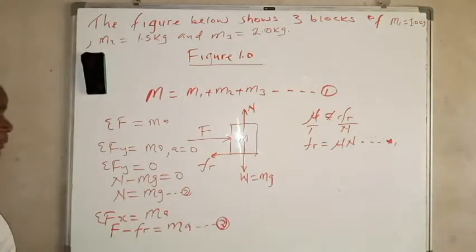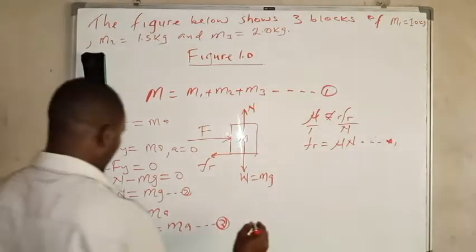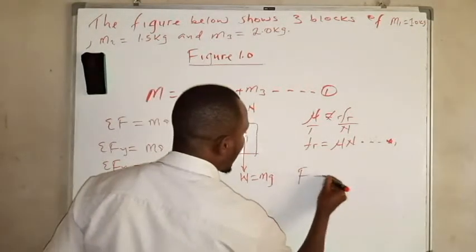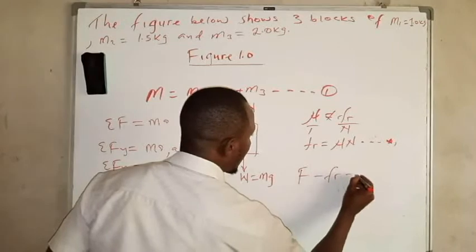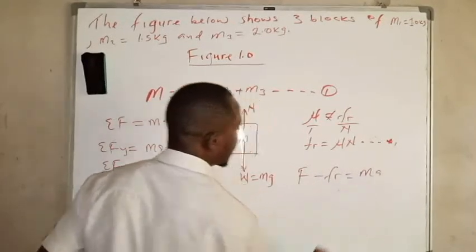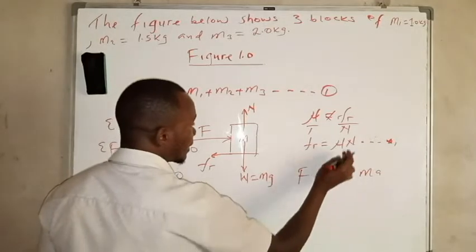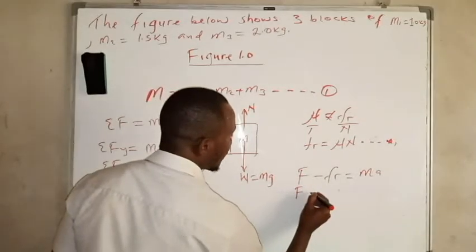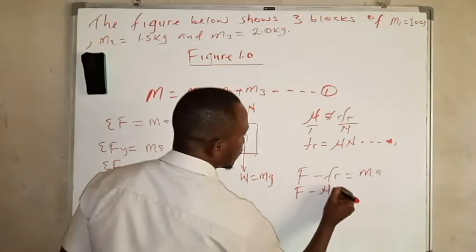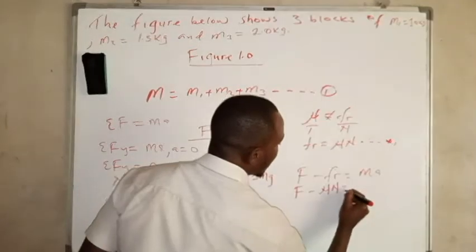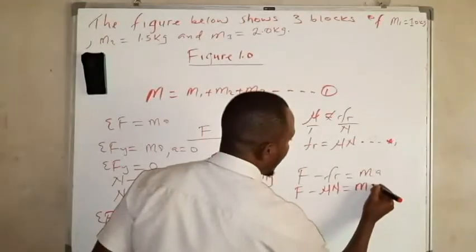Now from equation number 3, we know that F minus the friction force must give us ma. If we replace the friction force by this, we have F minus mu N is equal to ma.